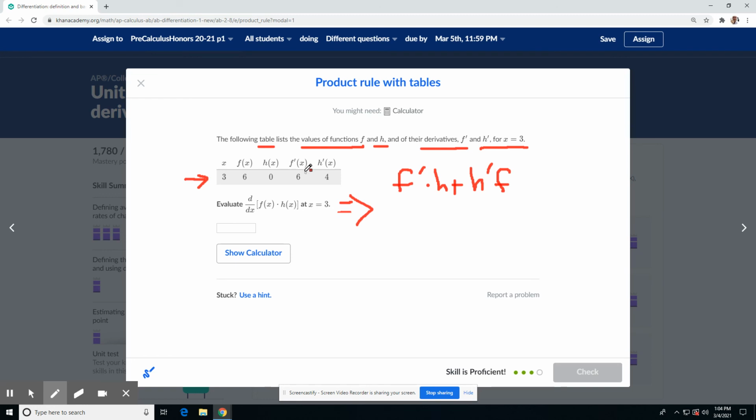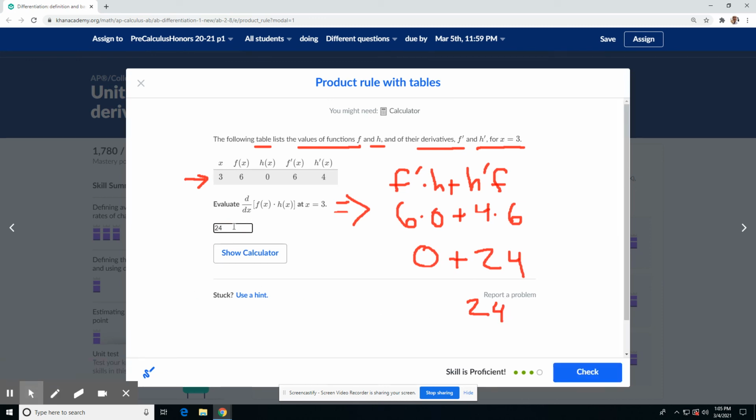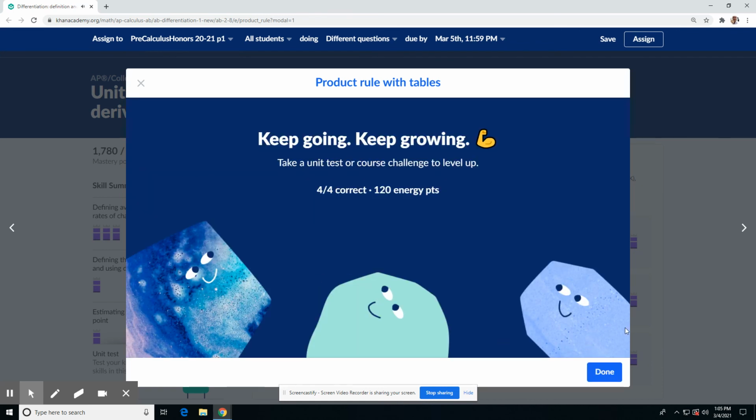So f prime at 3 is 6 times h of our function at 3 is 0, plus h prime at 3 is 4 times f at 3 is 6. 6 times 0 is 0 plus 24. Answer 24. Rest of the problem should be similar.